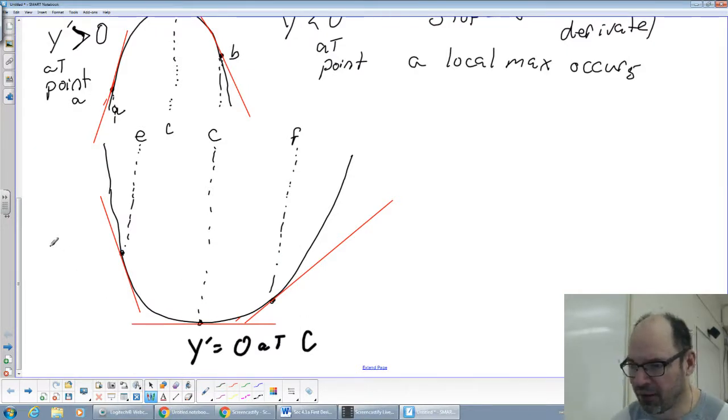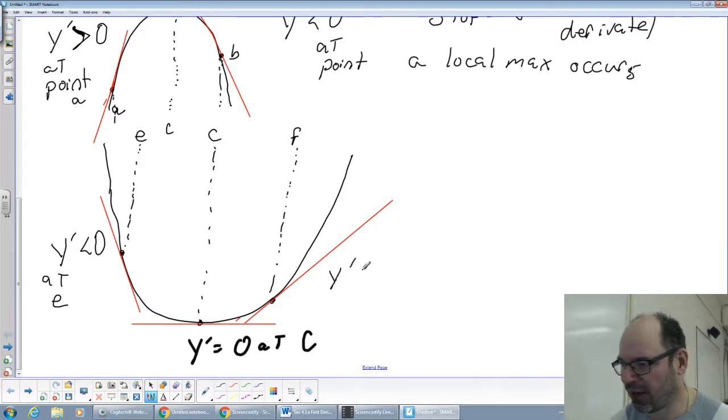Here we have y prime being less than 0 at E. Here we have y prime being greater than 0 at F. See, it's going up, so it's got a negative slope, then a positive slope.